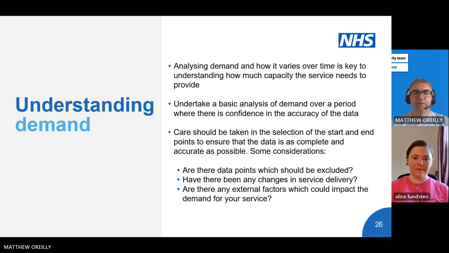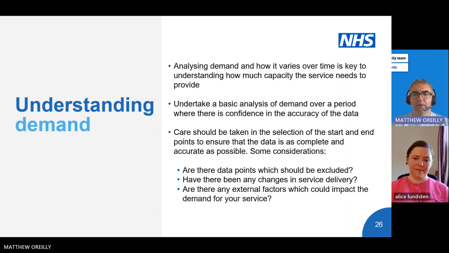So analysing the demand and how it varies over time is key to understanding how much capacity you need to provide. Looking at data over time is really important, and the local knowledge and service knowledge is crucial to understanding the patterns and service changes that might have happened over time, and to help understand any changes in demand.